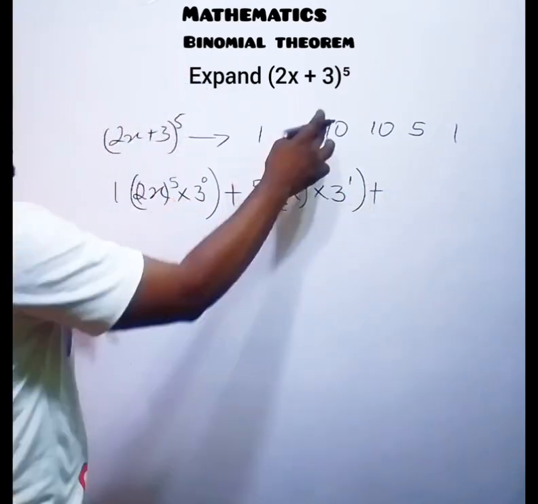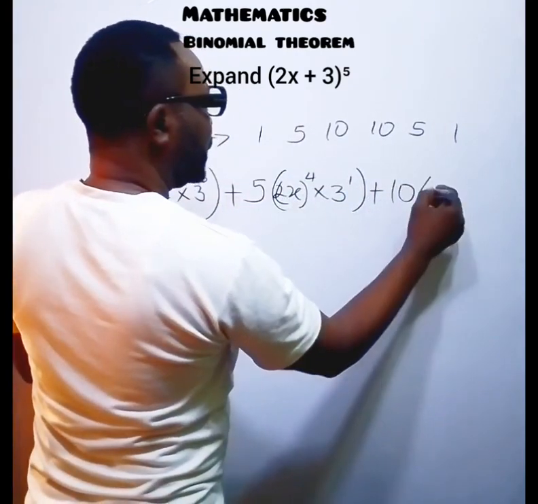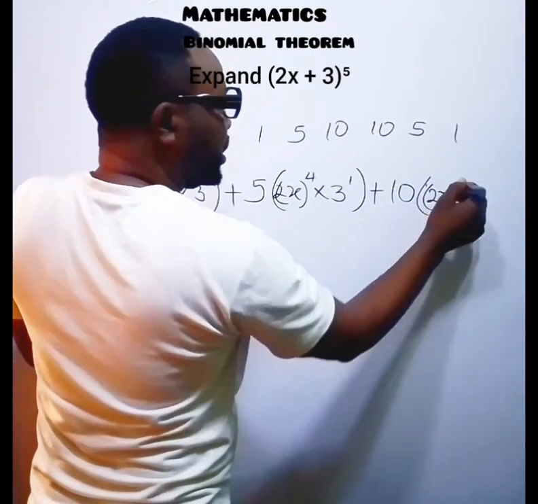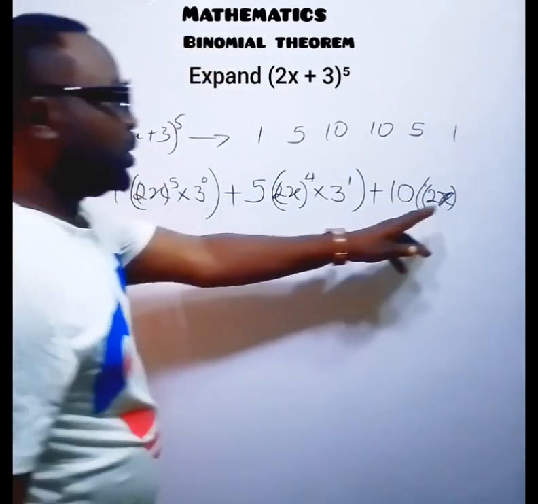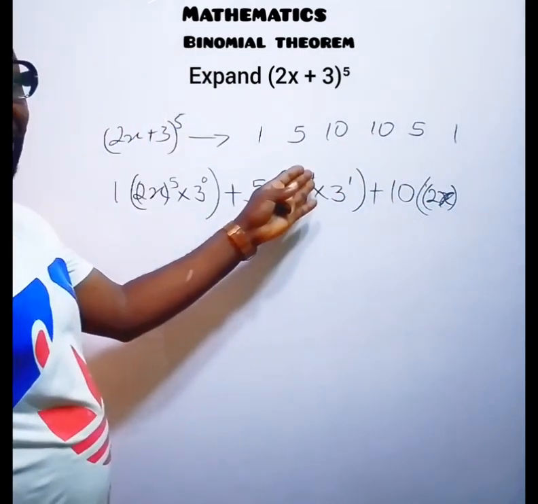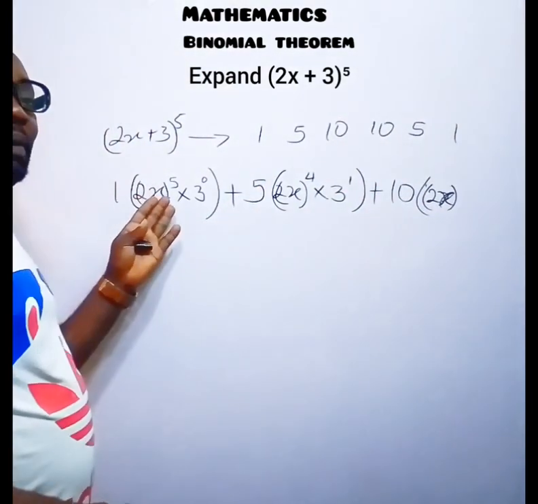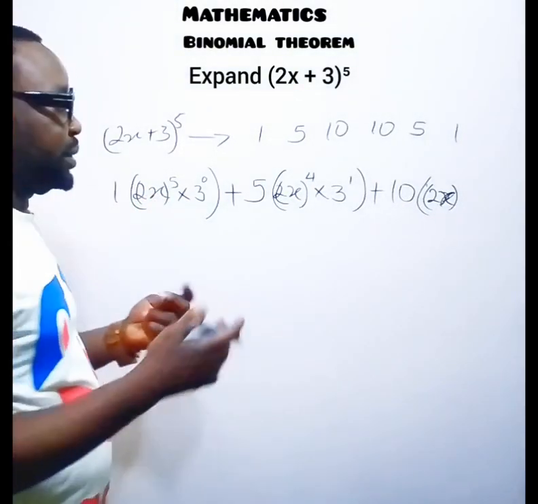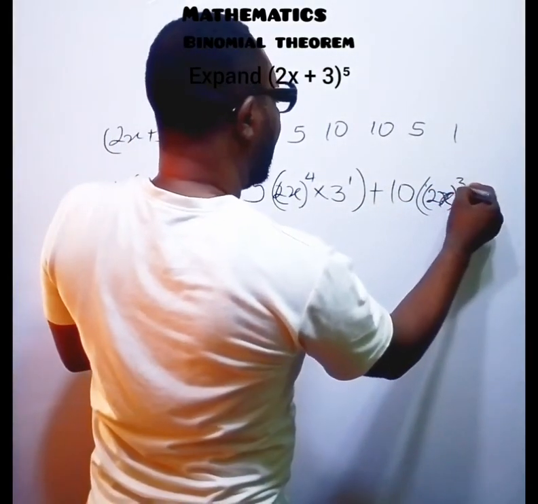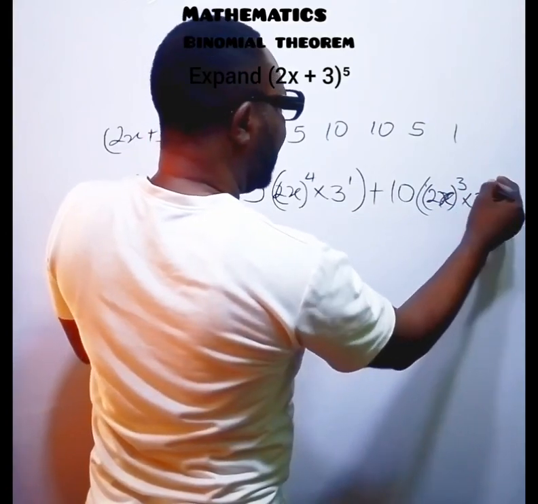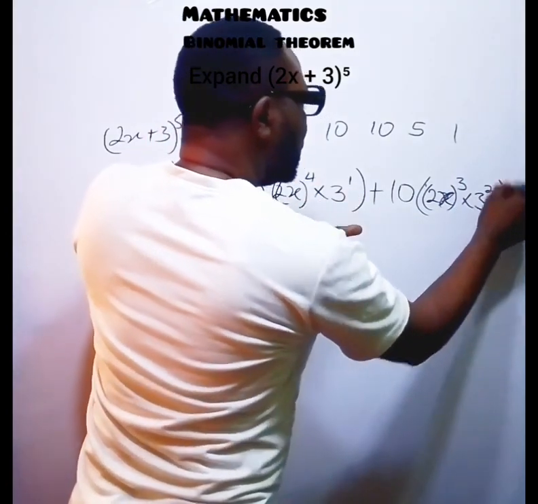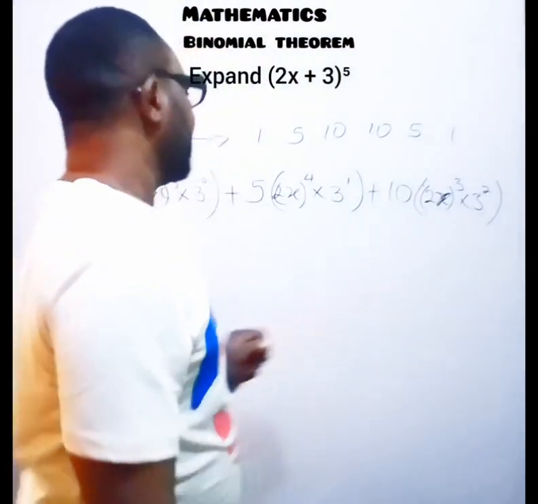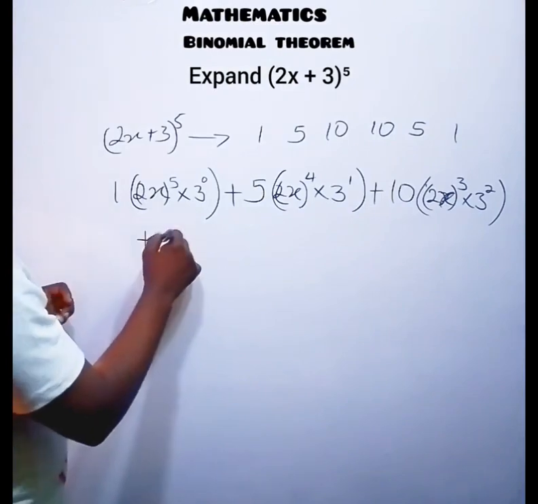Plus the next term, that's 10 into (2x) in brackets, because it's not just one term, it is 2x, and whatever power is on them has to be shared by the 2 and the x, because they are not equal terms. So (2x) raised to the power of 3, multiplied by 3 raised to the power of 2. You can see 4 plus 1 is 5, and 3 plus 2 is 5 as well.